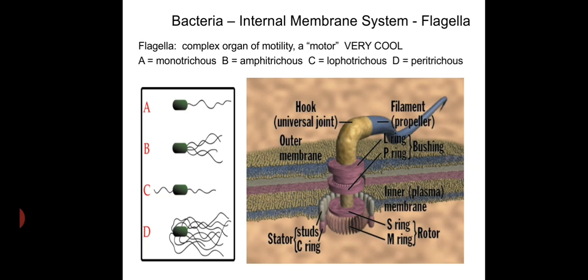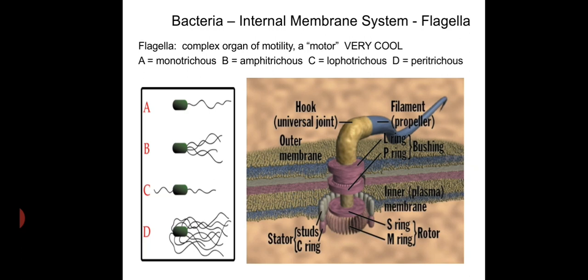Based on the position and number of flagella, bacteria are classified into four types. Some species of bacteria possess only one flagellum. This type is known as Monotrichous. Some possess more than one at one position, known as Amphitrichous.